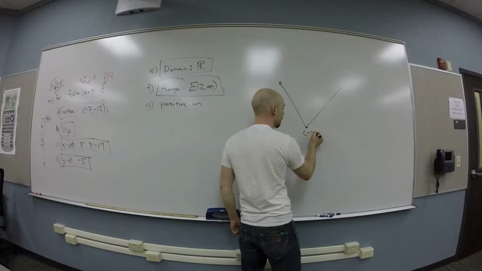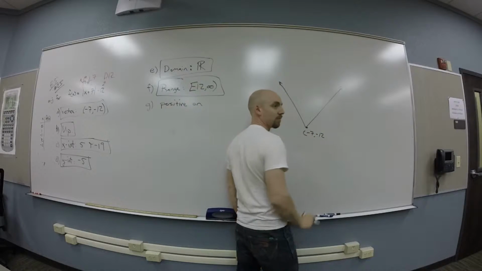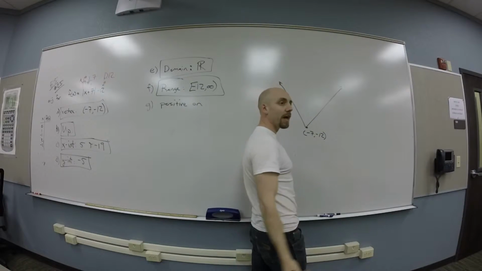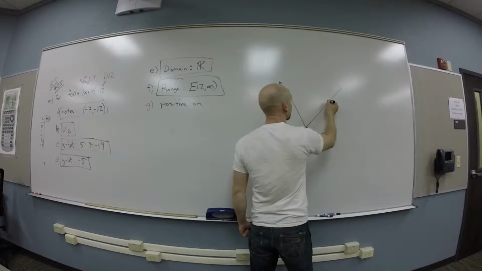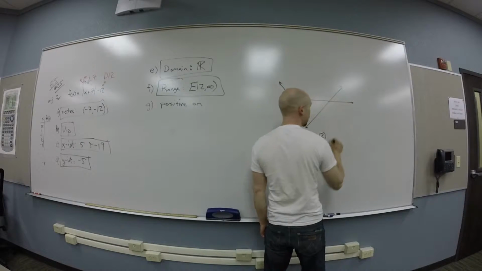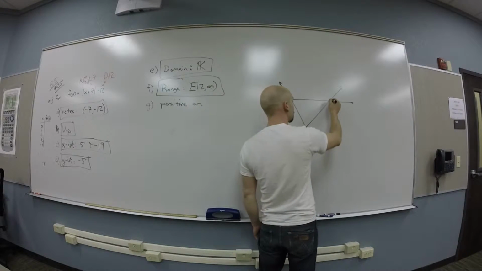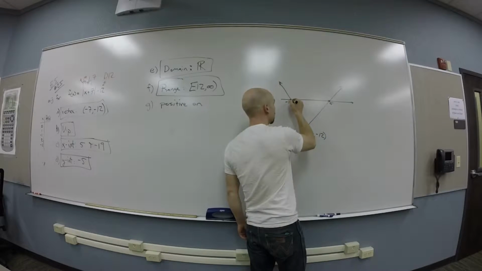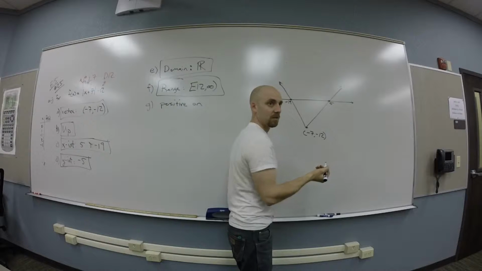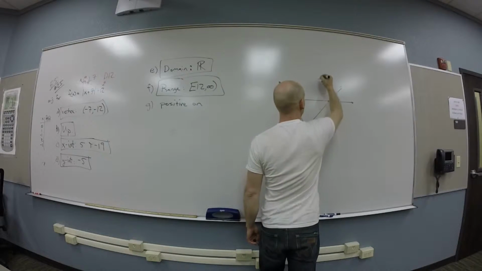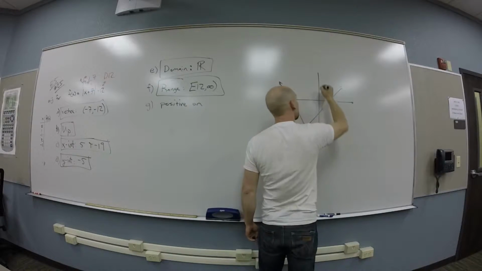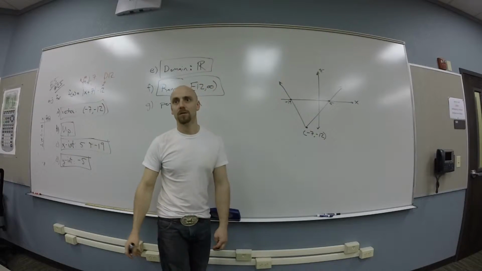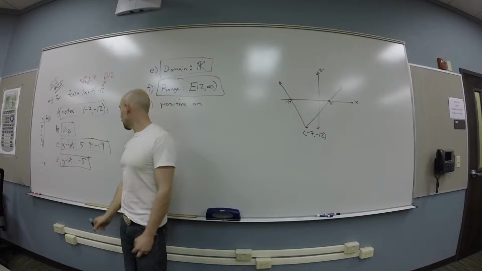I know the bottom's at negative 7, negative 12, right? And I know the x-intercepts, that's really convenient. The x-axis goes through here. This one's at 5, and this one's at negative 19. Okay, so the y-axis is someplace here.